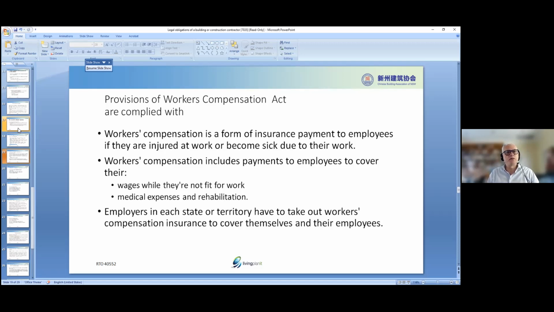So we have to work together with the government authority to make sure that our employee is looked after. So it's very important that this insurance is taken out, and you can be fined for not having this insurance. And that's the best case scenario.